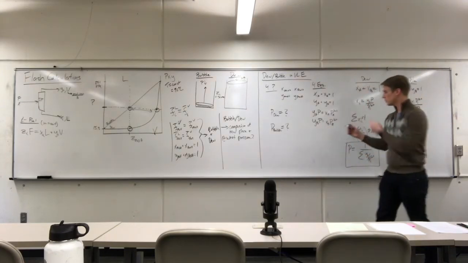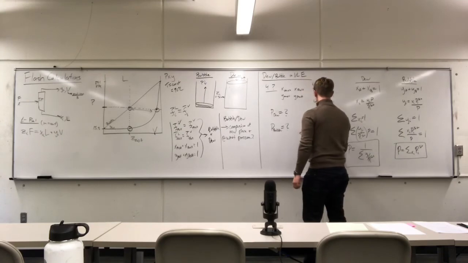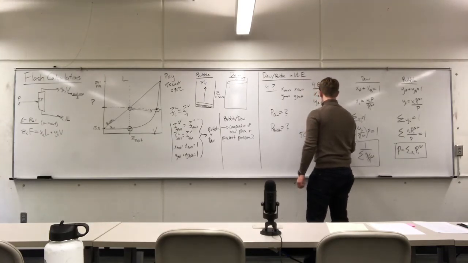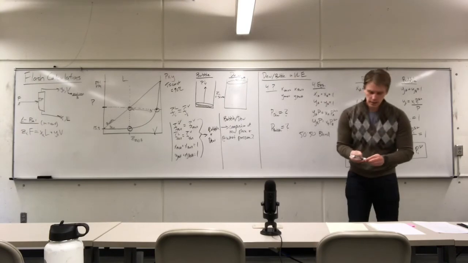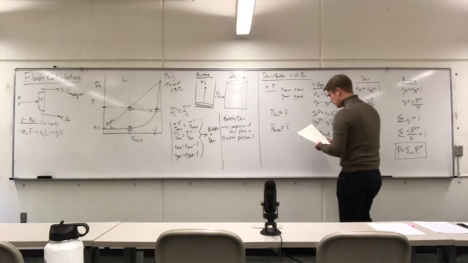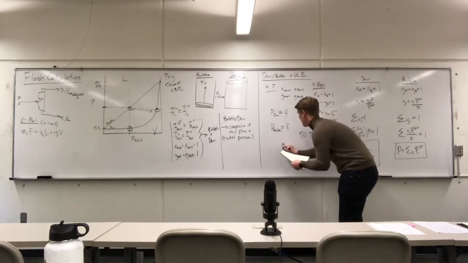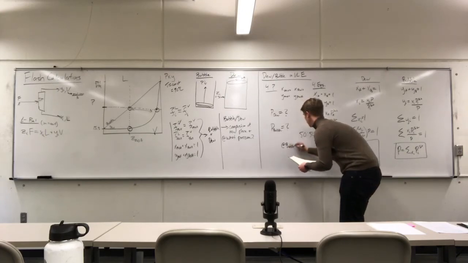So in this case, for a 50-50 blend, let's see, what did I do it for? I did it based on methanol. This would be at the bubble curve. The x, we know the x. We're solving for the y of the methanol.